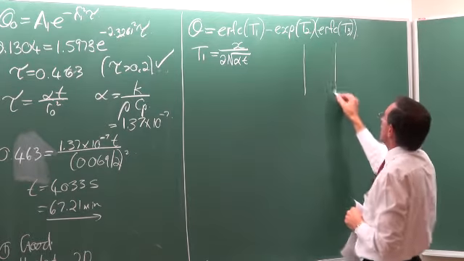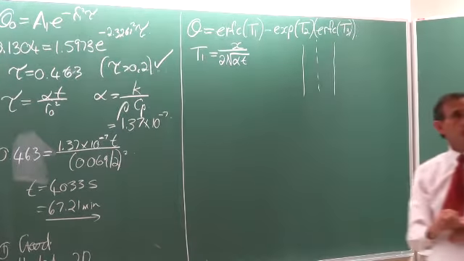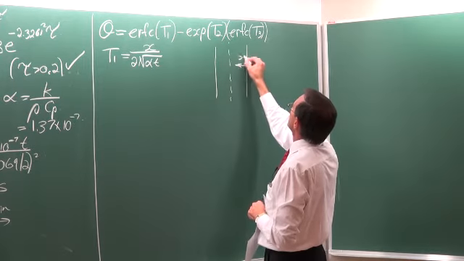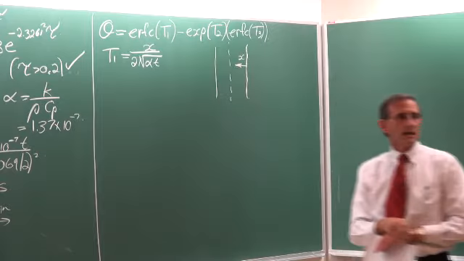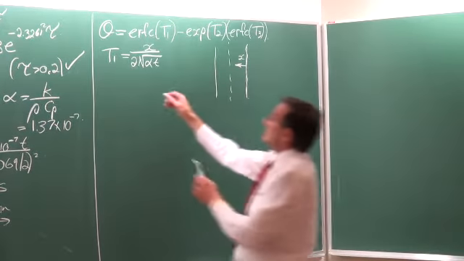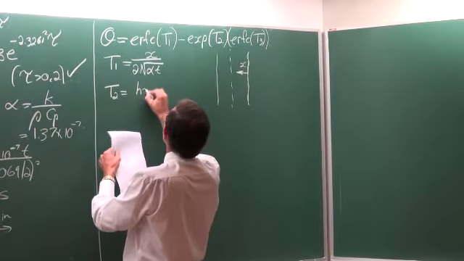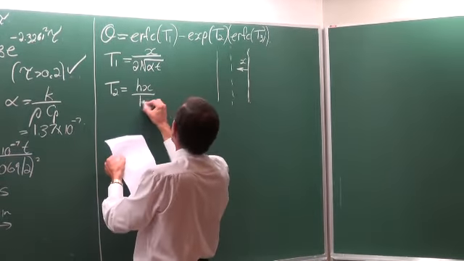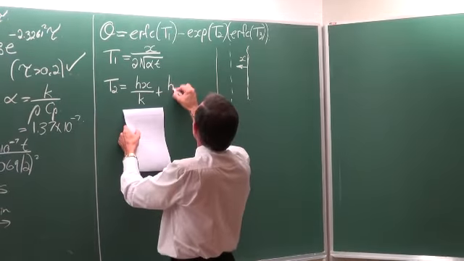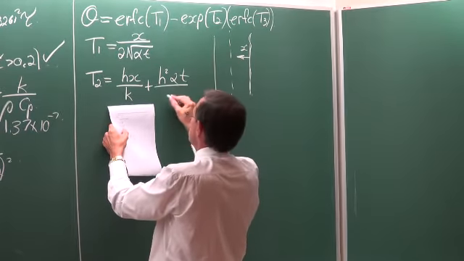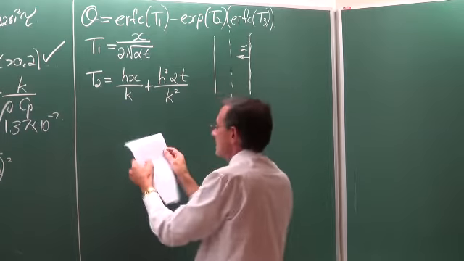If this is our wine bottle, then x would be measured from the surface there. That's the first term. The second term is equal to the heat transfer coefficient multiplied by x divided by k plus the heat transfer coefficient square multiplied by alpha t divided by k square.